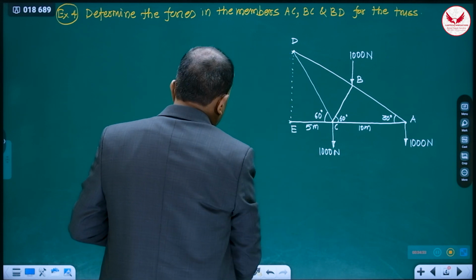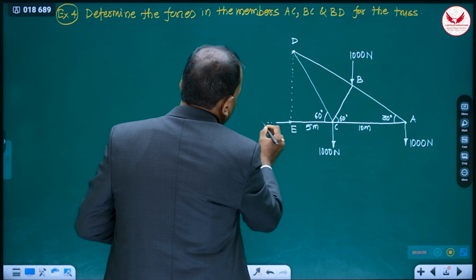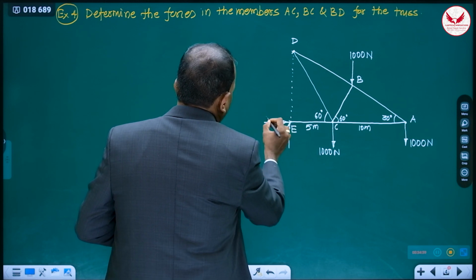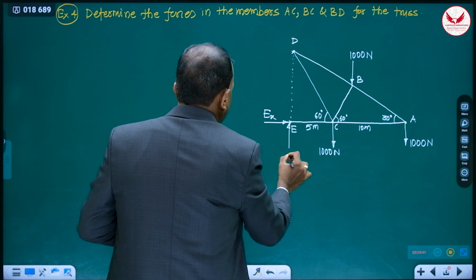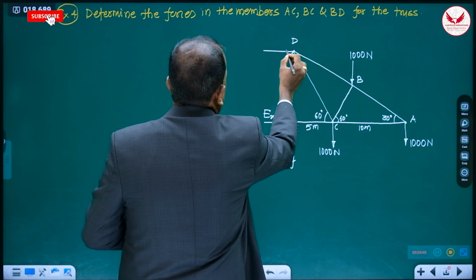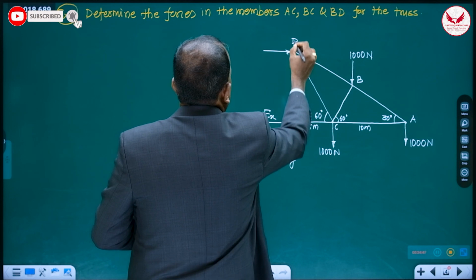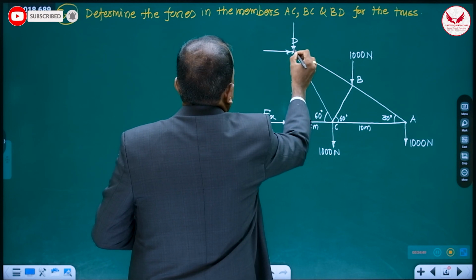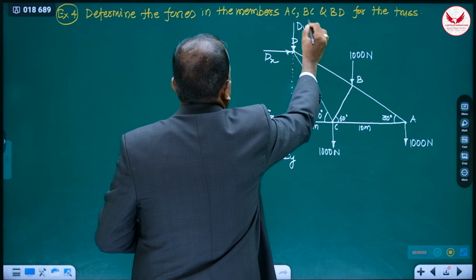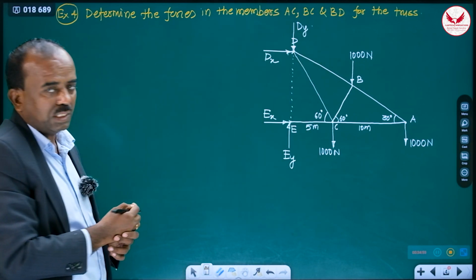So first we have to draw the free body diagram. You show these reactions EX, EY. Similarly here, you can show dx and dy. This is the free body diagram, the very first step.